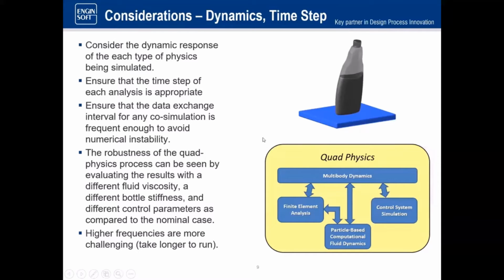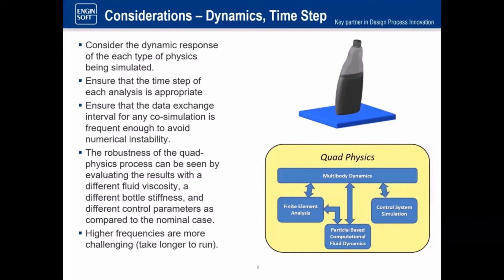Basically, if you're wondering whether or not the model is set up properly, a good technique is to just try out things by changing some of the parameters, changing the fluid viscosity, changing some stiffnesses, and just making sure that the model is stable even when the definition is a little bit more extreme in some sense.